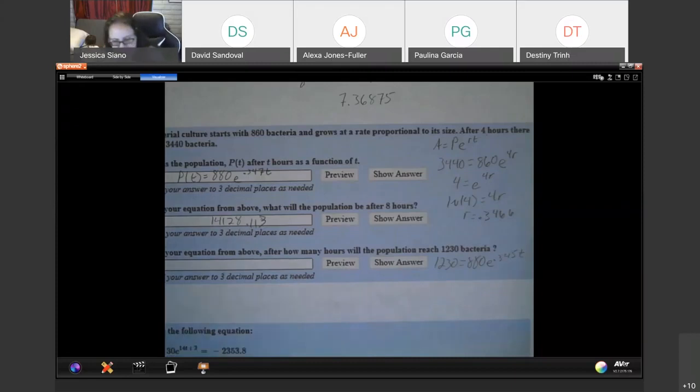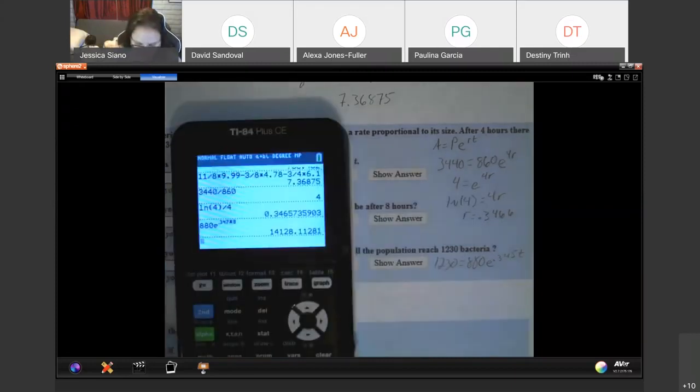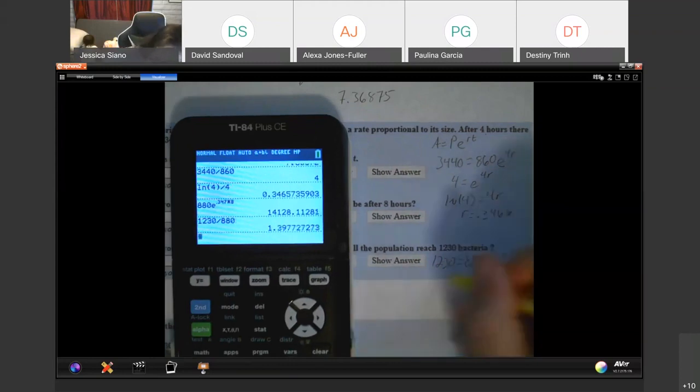So divide by 860. So then the ln of 1.3977.